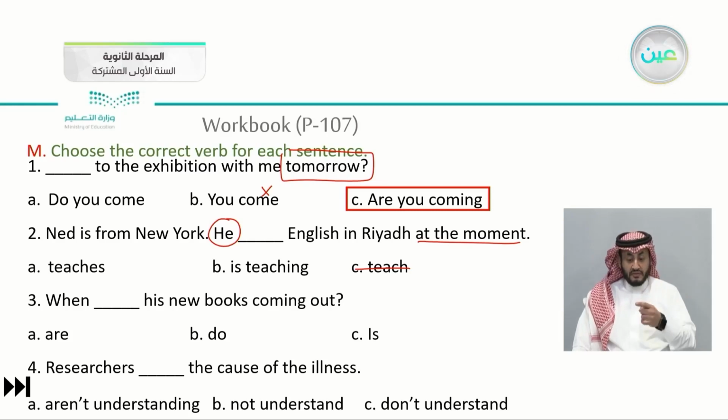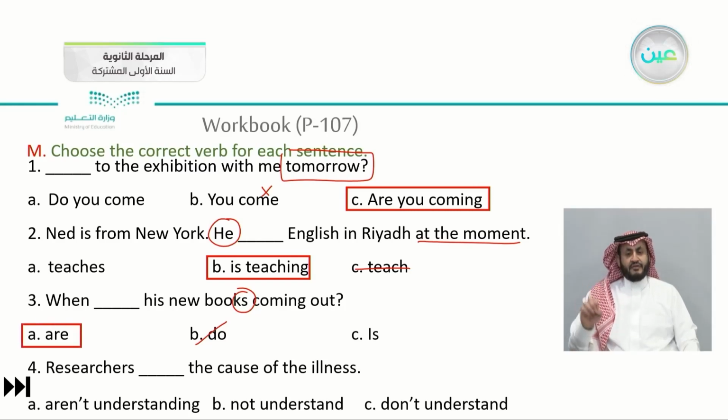So, at the moment, now, I will choose he is teaching, doing now. When his new book's coming out, notice, are, do, or is. We're not going to use do because it should be in the present progressive. So when are, not is, because is will be used with a book when.